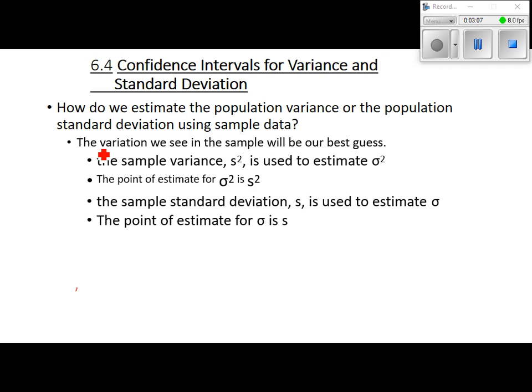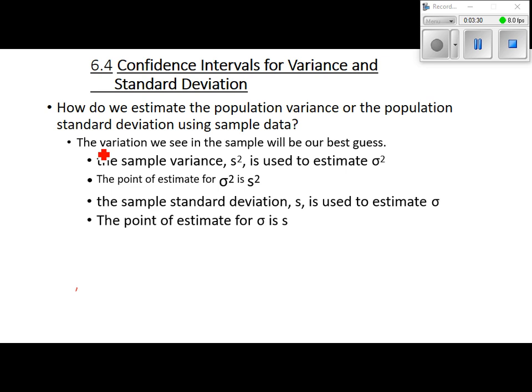So how do we estimate the population variance or the population standard deviation using sample data? The variation we see in the sample will be our best guess. So we're going to look at how much the stuff in the sample varies, and then use that as our best guess.